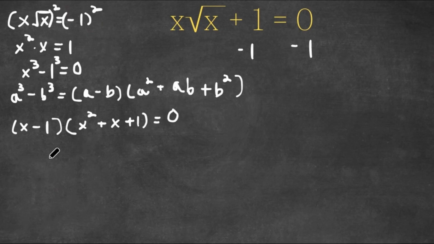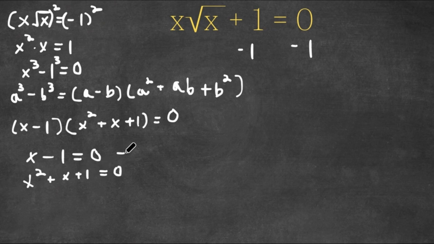Now this gives us two equations. We have x minus 1 is equal to 0 and x squared plus x plus 1 is equal to 0.